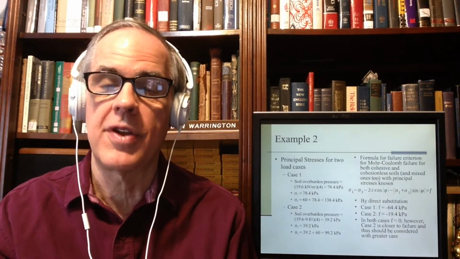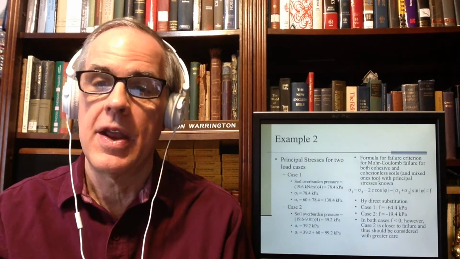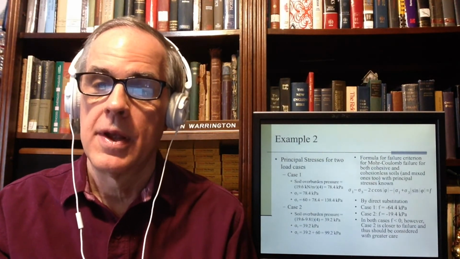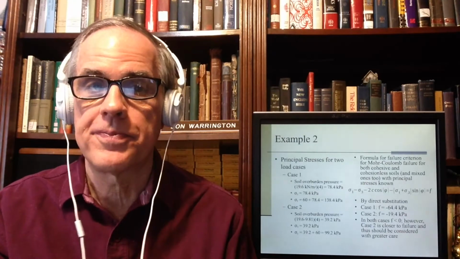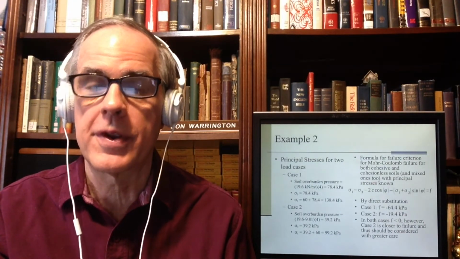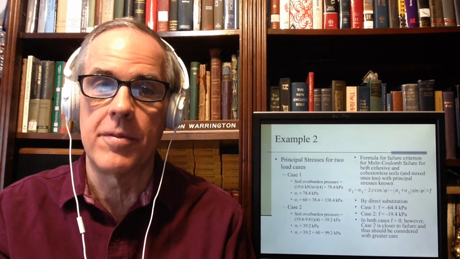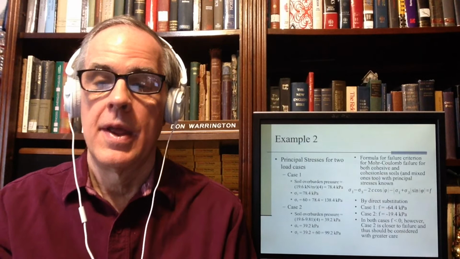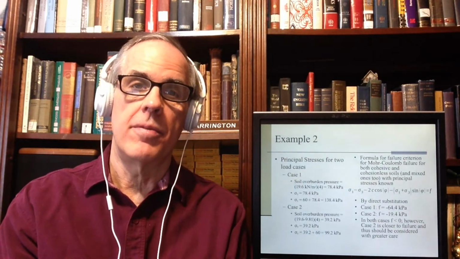I have 2 sets of sigma 1 and sigma 3 and 1 value for phi and C. I simply plug and chug. By direct substitution, in the first case, F is minus 64.4 kPa, which means it's within the failure envelope. And case 2 is minus 19.4. Now, in both cases, it's within the failure envelope.